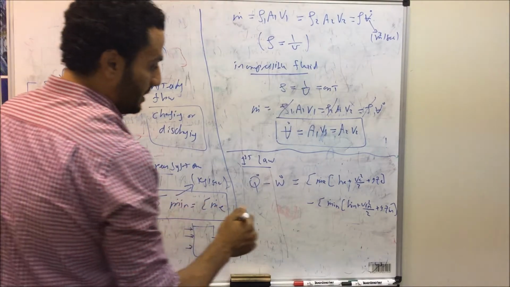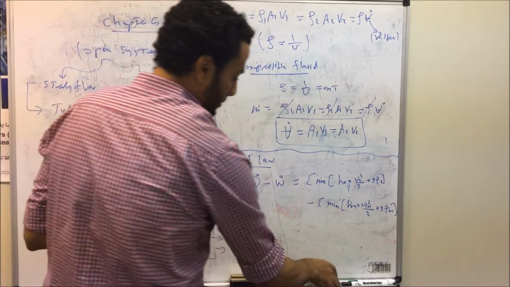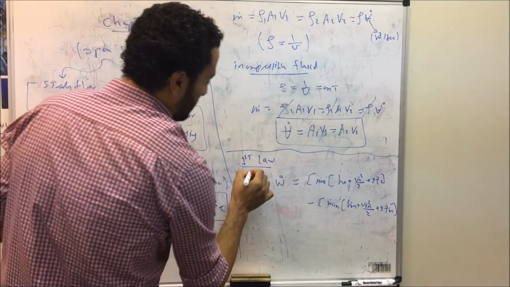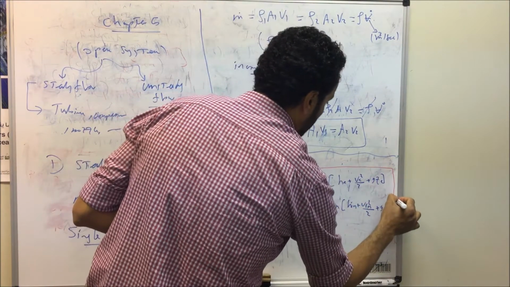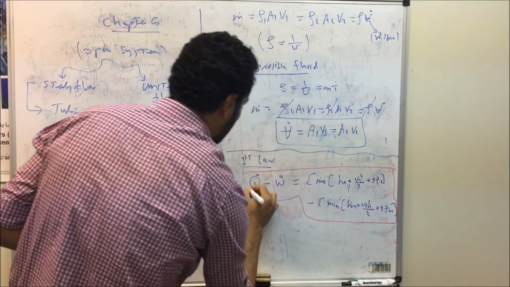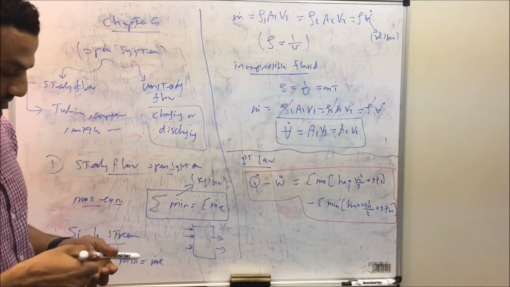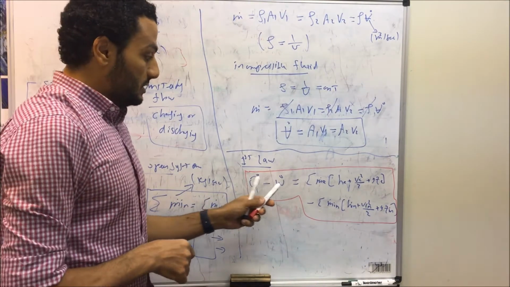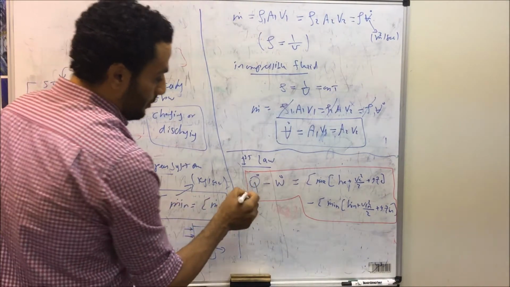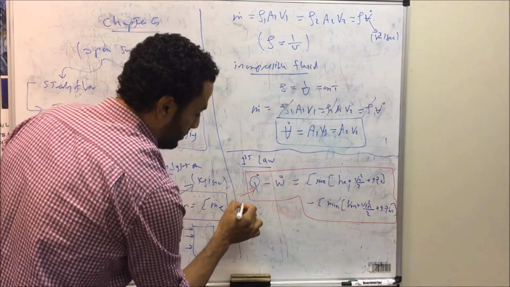And this is the general form of the first law of thermodynamics for a steady flow open system. Q dot is the rate of heat transfer, W dot is the rate of work done.